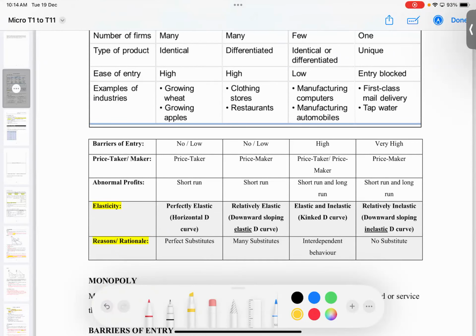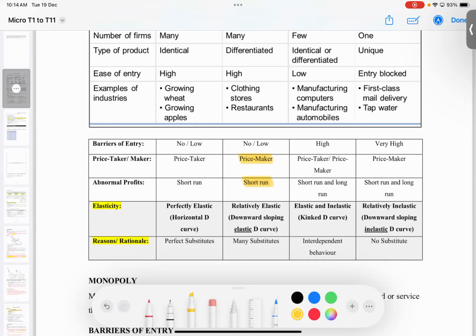Since they are selling differentiated products and services, they have control over their prices to some extent, so they are price makers. But again, they cannot charge very high prices because there are too many competitors in the industry. They are able to earn abnormal profit in the short run, but in the long run they are not able to do so, because more producers will come in and eat away the profits.